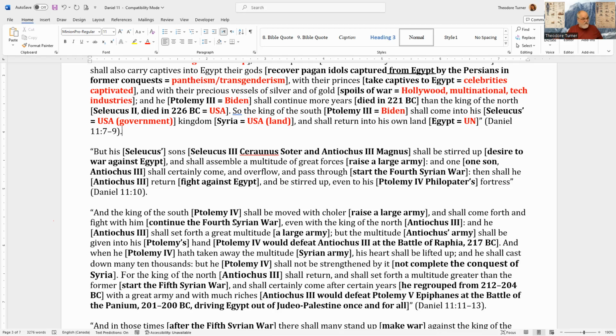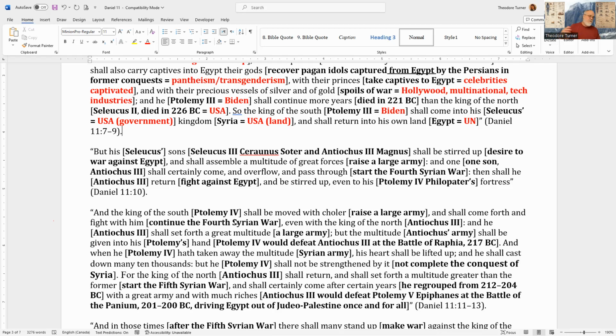Now, are these future in our lines? Is the Battle of Raphia and the Battle of Panium future? Is that where we place them?